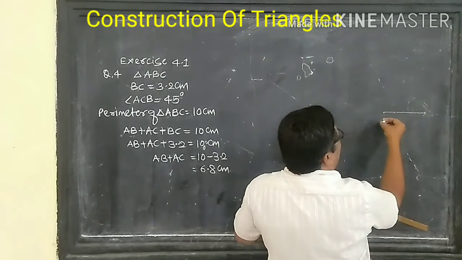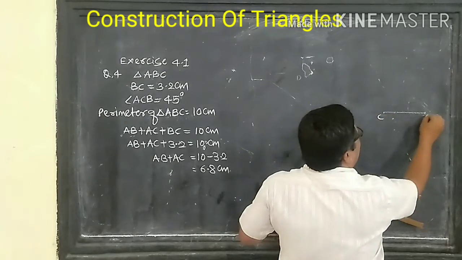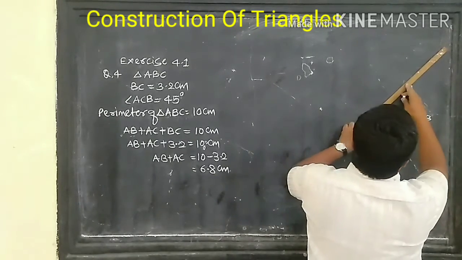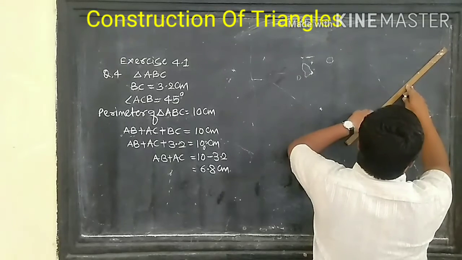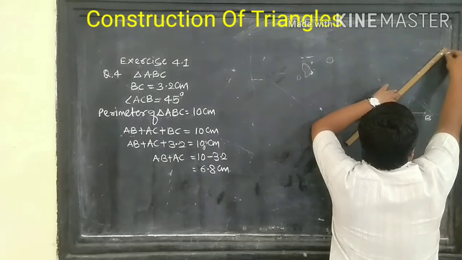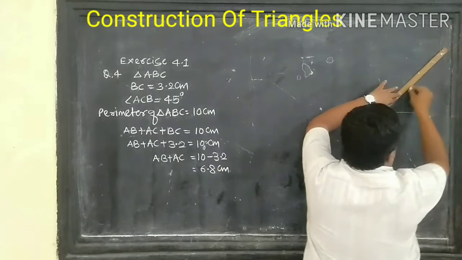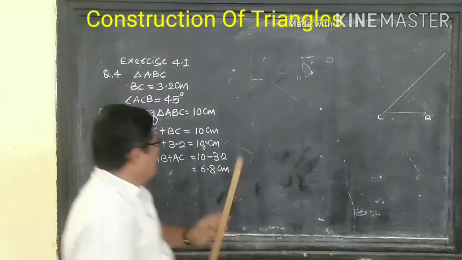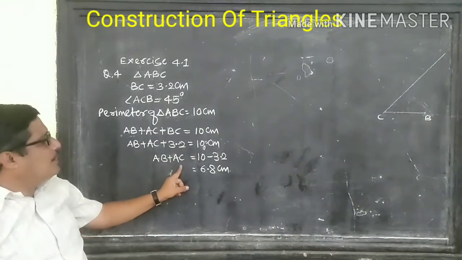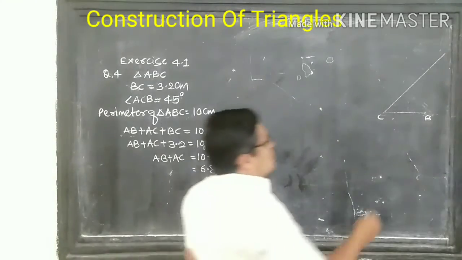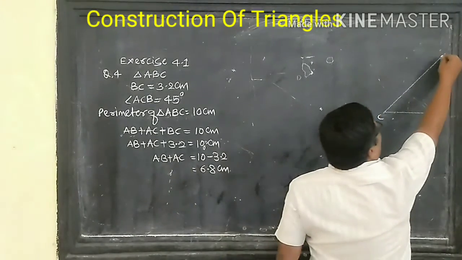Here we are going to take point C and here it will be B. Now the angle is 45 degree. In this way we have to draw a longer ray showing 45 degree angle. After that we have to take the sum of length of remaining two sides, that is 6.8, and by using that value we have to draw an arc.